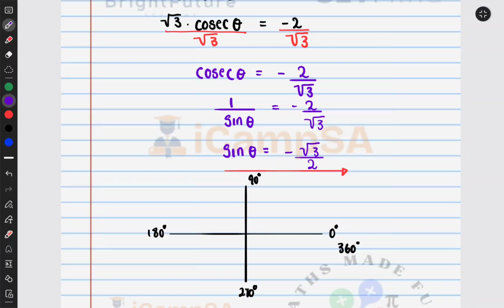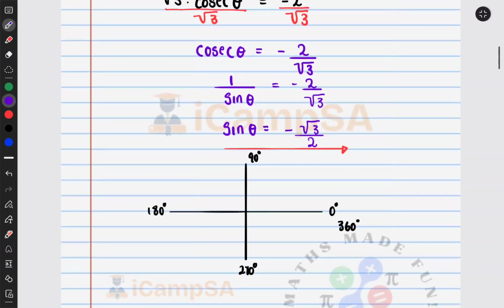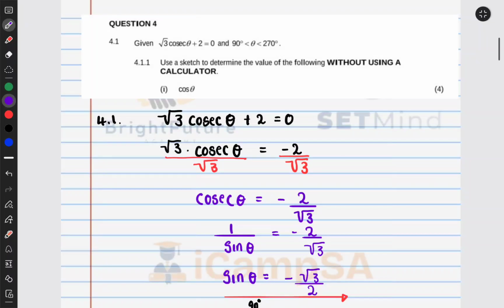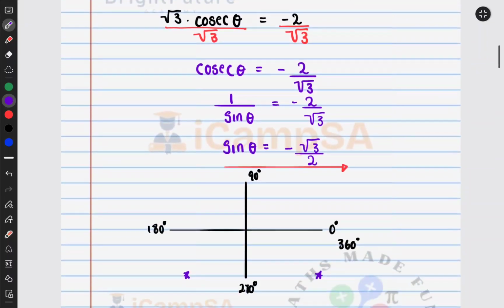Okay, in which quadrant is sine theta negative? That is quadrant 3 and quadrant 4, because in quadrant 3 it is tan that is positive, and in quadrant 4 it is cosine that is positive. Another condition we were given is that theta is found between 90 degrees and 270 degrees.